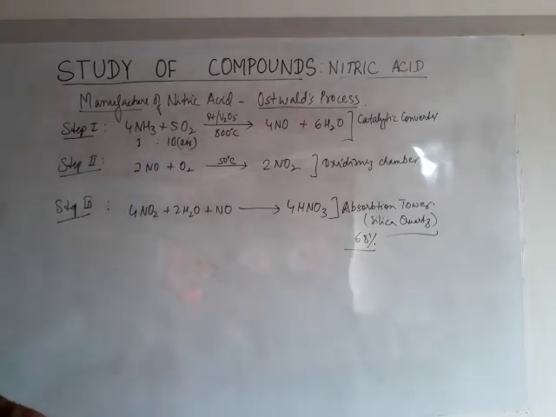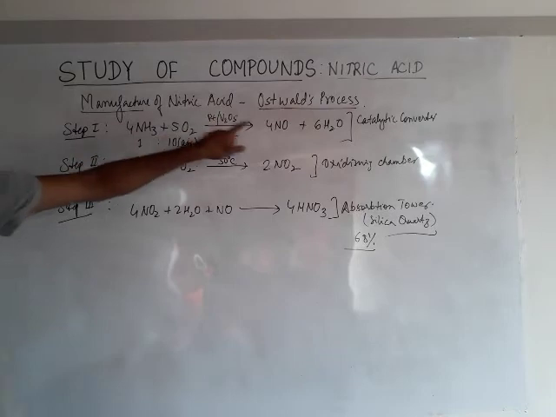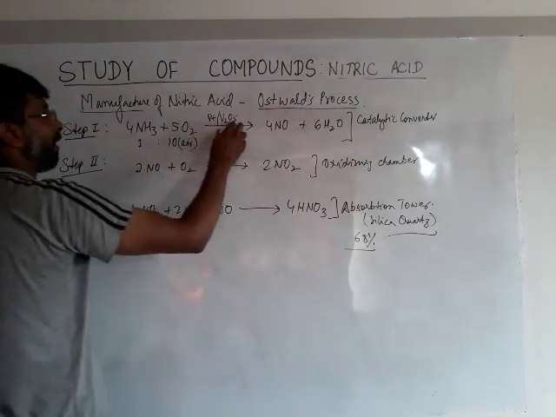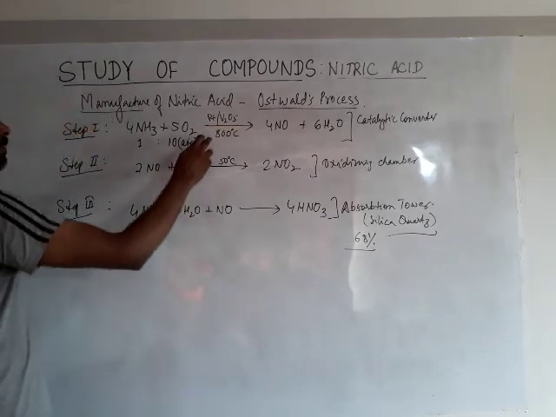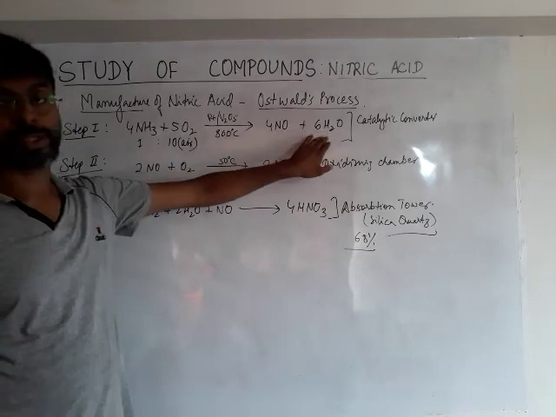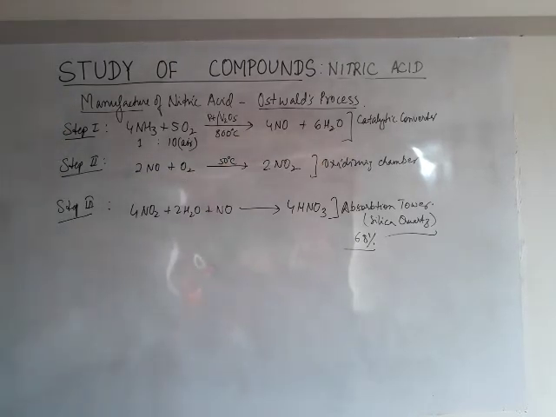In the catalytic converter, the catalyst is either platinum or vanadium pentoxide, and the temperature maintained is 800 degrees Celsius when nitric oxide and water vapor are formed.